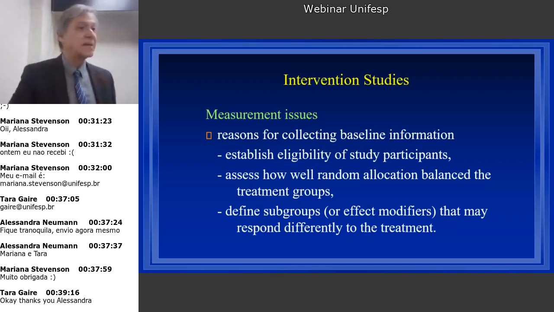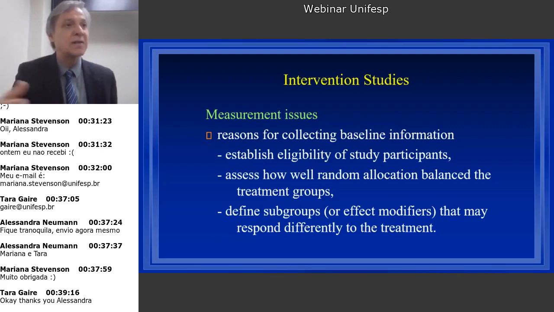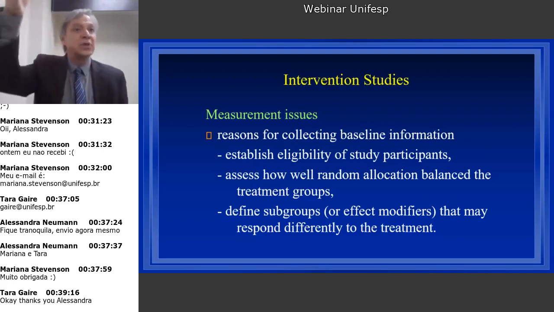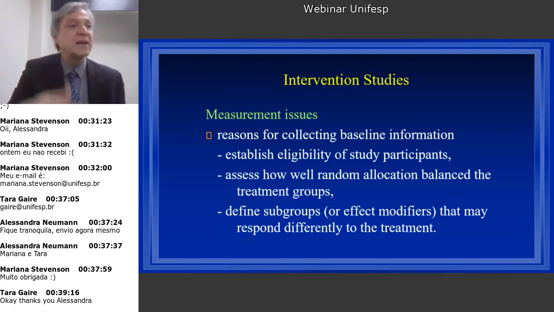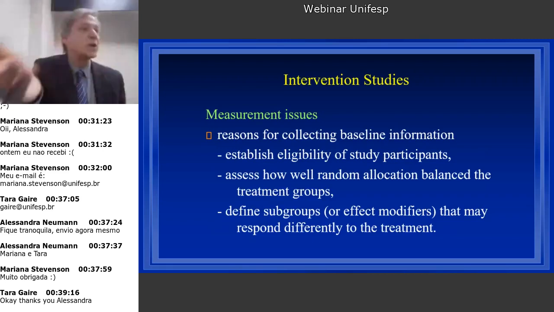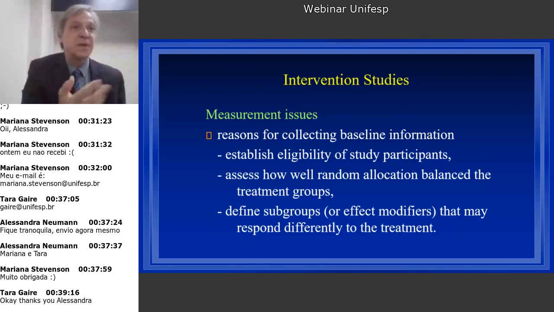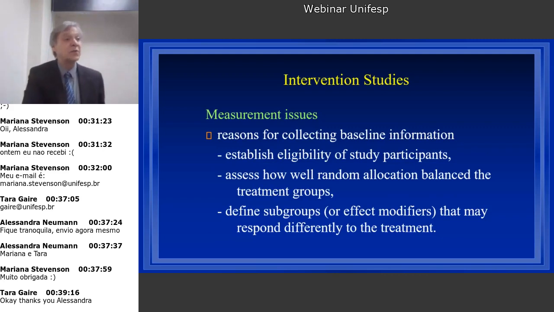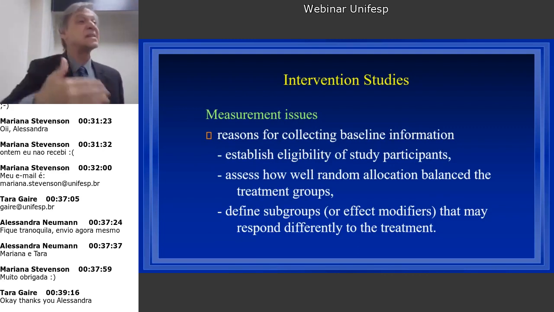Because in your baseline, before the intervention starts, before your treatment starts kicking in, you get what people really are, and you tell the reader one day when you publish this thing if the age groups are equally distributed between the two groups, at a minimum, if the gender are distributed, if some factors that you know, because you're a scientist reading papers, are associated with the treatment on the outcome, if they are equally distributed between treated and untreated groups. And that's what the baseline gives you.